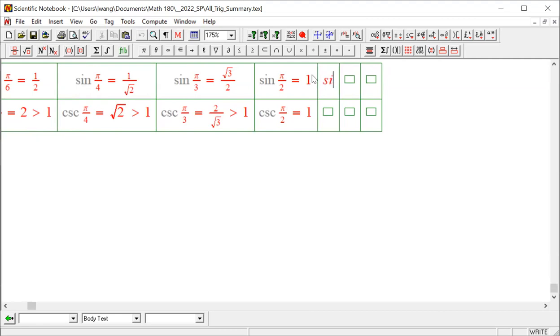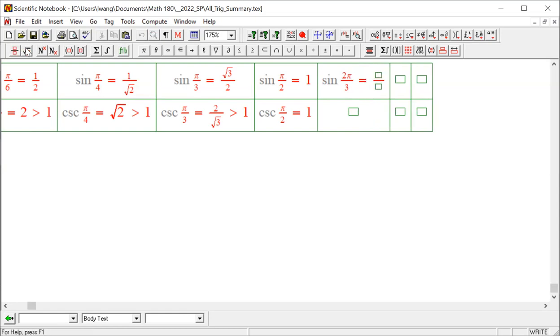Let's see, sine of 2 pi over 3 equals root 3 over 2. That's positive. So let's do a negative number, say 7 pi over 6. Sine of that is negative half, and the cosecant of 7 pi over 6 is going to be negative 2.